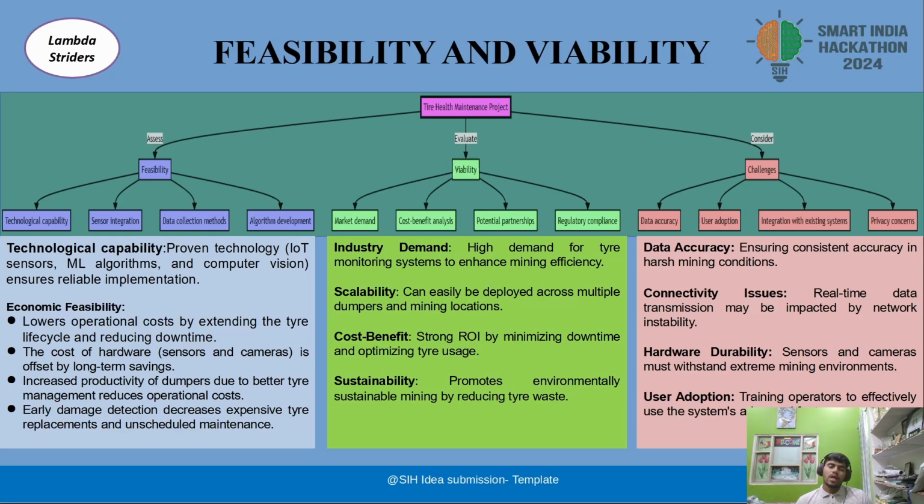Now let's look at the challenges. First and foremost is data accuracy. These mining operations occur in very harsh conditions. So for that, we've got to use industrial grade sensors to make sure they don't stop working. Then there's the connectivity issue.